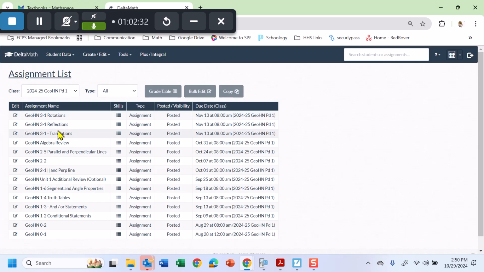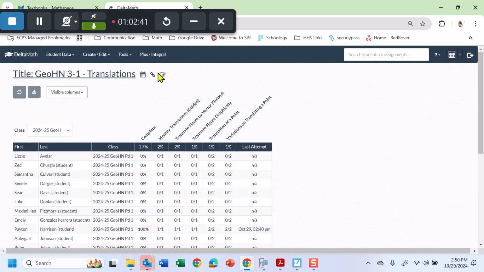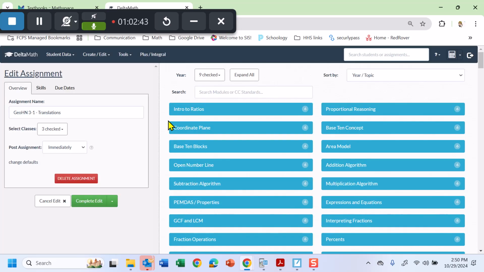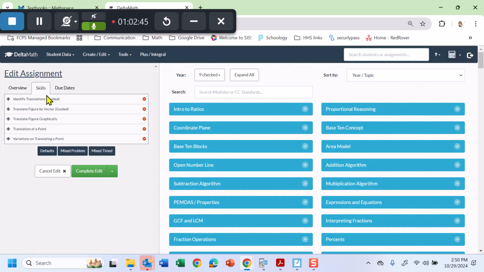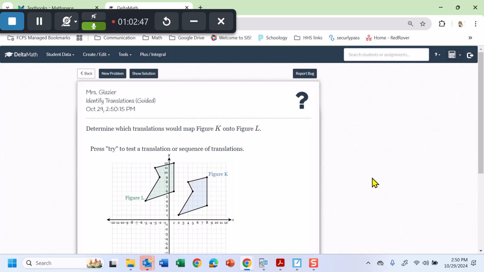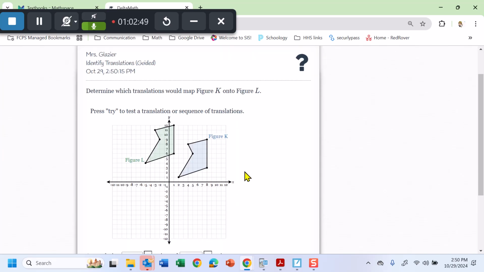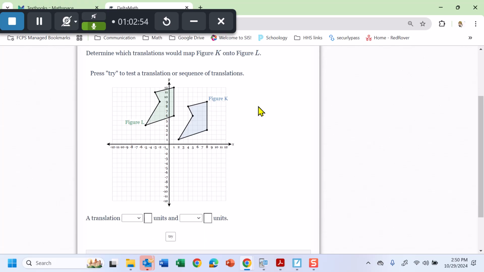Instead of putting them in one big assignment, we broke it all up into little ones. So for your translations, you can go ahead and look at the skills, and they guide you through. Just determine which translation would map figure K onto figure L.